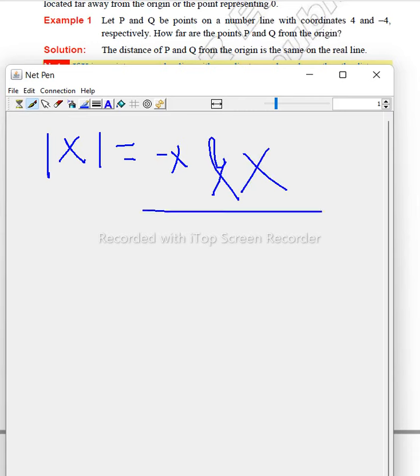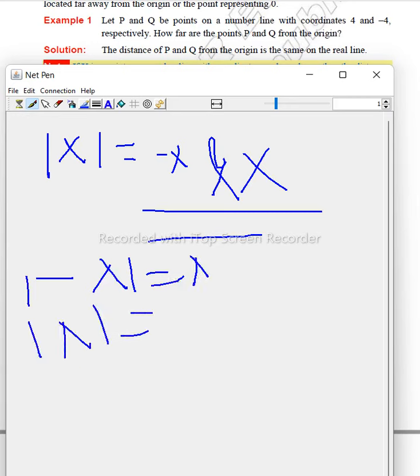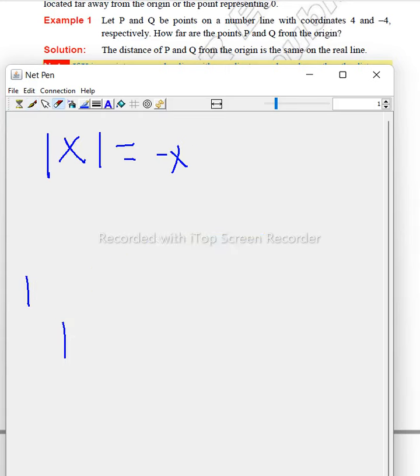We can say that because the absolute value of minus x is equal to x, and again the absolute value of x is equal to x. So the value will be negative x or x. You can conclude such examples like this.